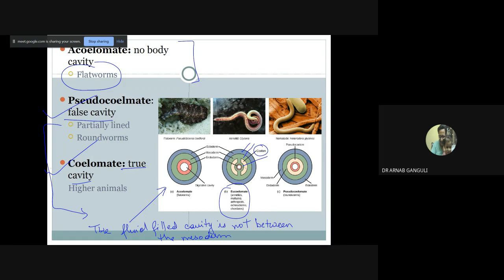So it is a false coelom, and therefore called pseudocoelom. You can see that the coelom is between mesoderm and endoderm. Therefore, it is a pseudocoelom.